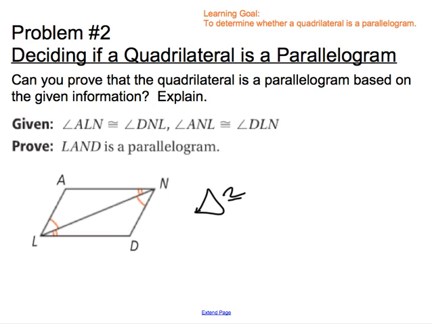So we have triangles that are congruent by angle, side, angle, and therefore CPCTC comes in and tells us that all their parts must be the same. So these parts are the same as these parts. Because of that, we can certainly say that this is a parallelogram because its opposite sides are congruent.